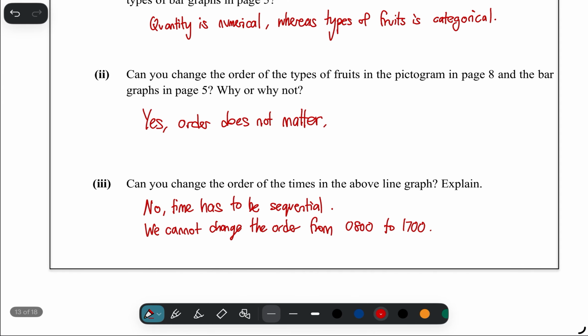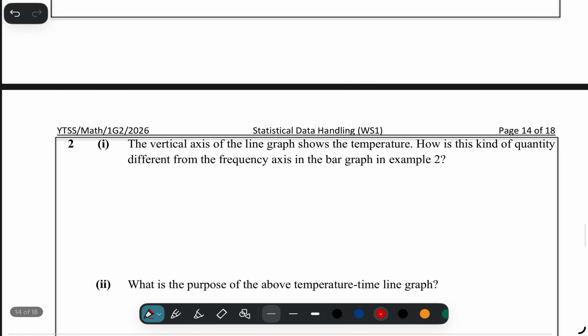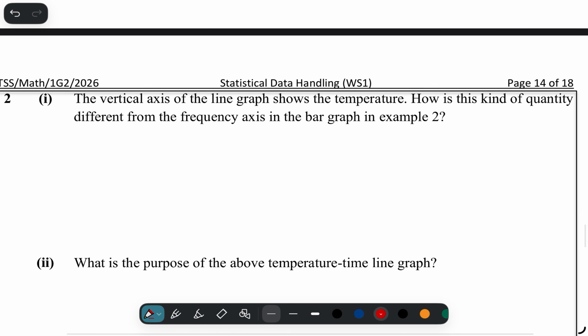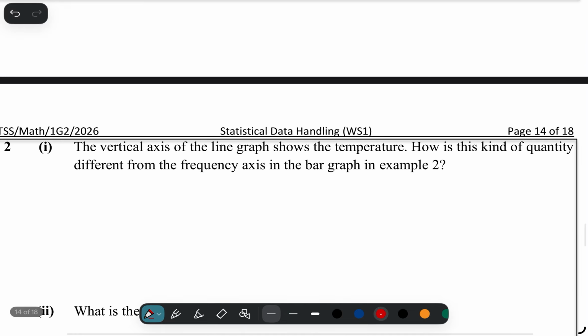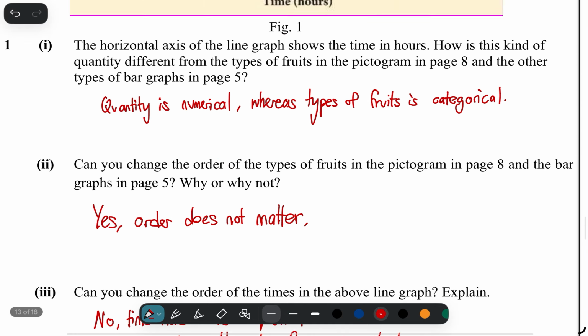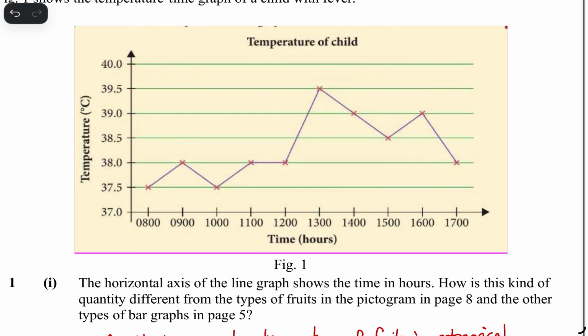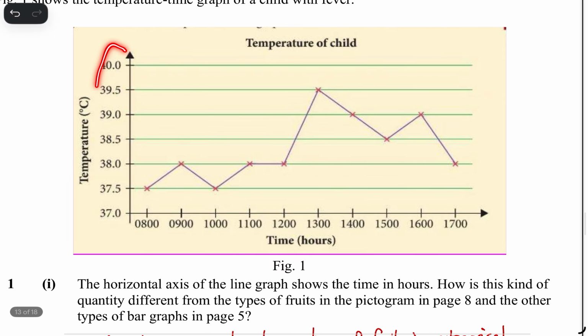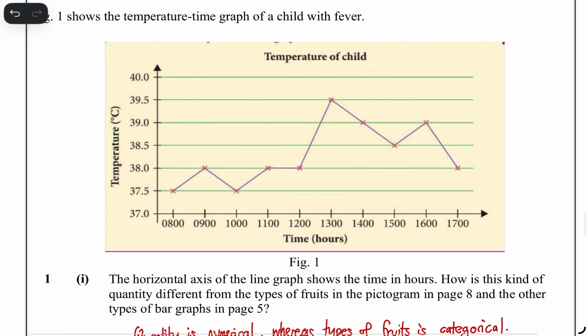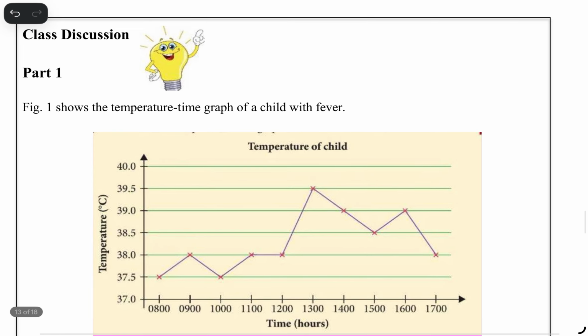And also moving on to the next part over here. The vertical axis of the line graph shows the temperature. How is this quantity different from the frequency axis in the bar graph in example number 2? They are asking how this temperature line graph is different from the bar graph in example number 2.